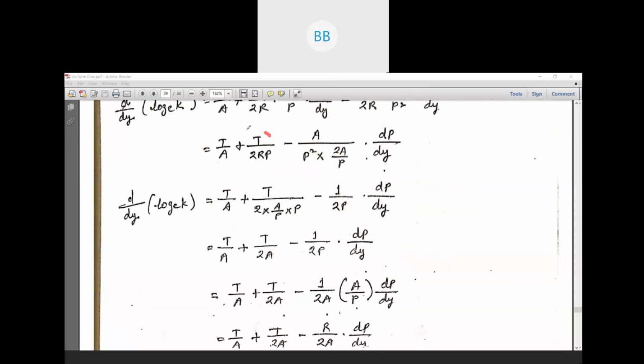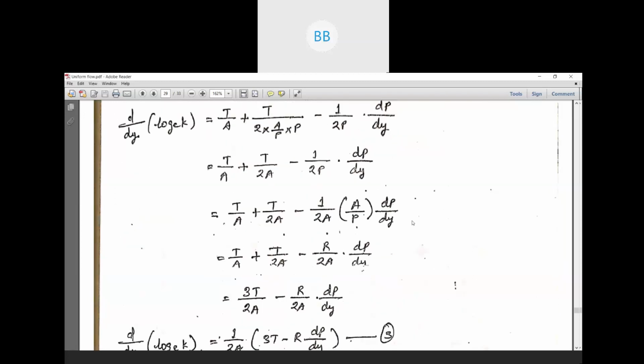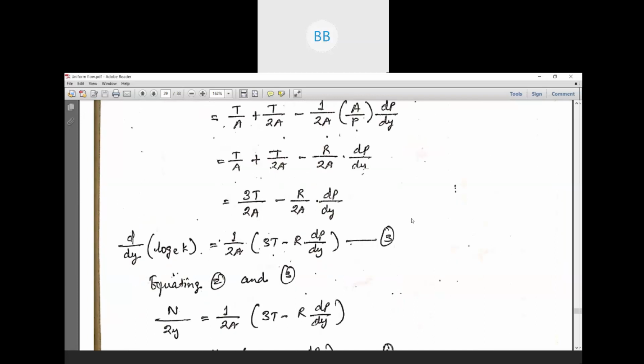So what will be left out will be T by A, then T by twice R P minus that thing we have already seen. After the twice A, we again multiplied by A by P. So this A will be cancelled out.